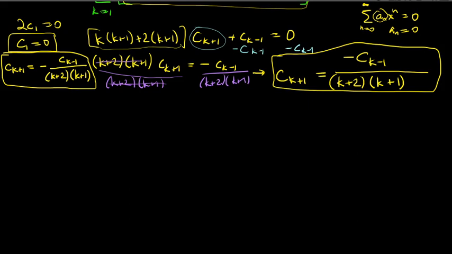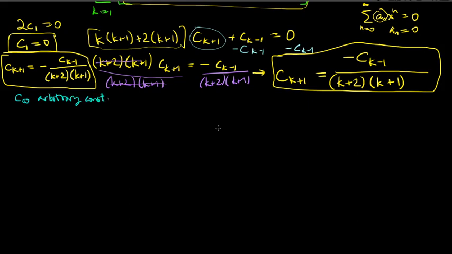And so what do we do with that? Well, we just start plugging in k's and seeing what all the c's are. What's C0, what's C1, what's C2, what's C3, and so on. So let's do that here. Let's start with C0. Well, this doesn't tell us anything about C0, so C0 will be our arbitrary constant here.